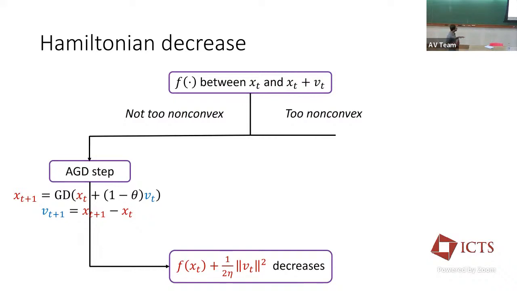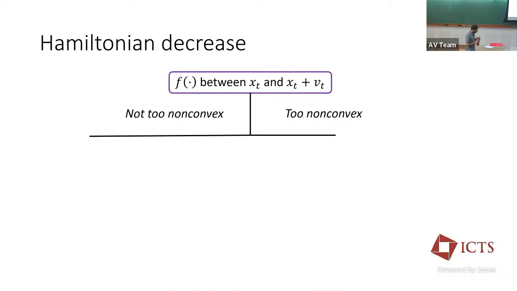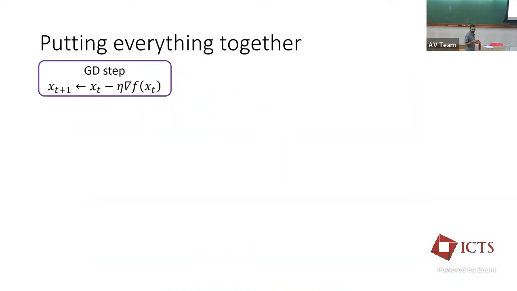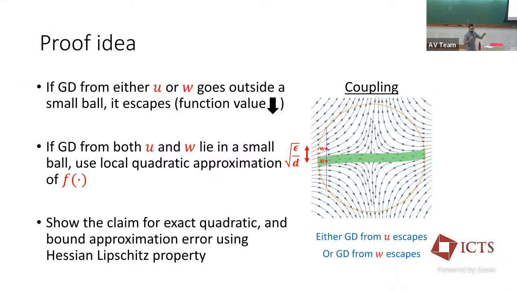The function can be in 2 dimensions, but you're only concerned in this particular step with the direction joining xt and xt plus Vt, literally just the straight line. You parameterize it by some t, draw the function as a function of t, and then see whether it has negative curvature or not.